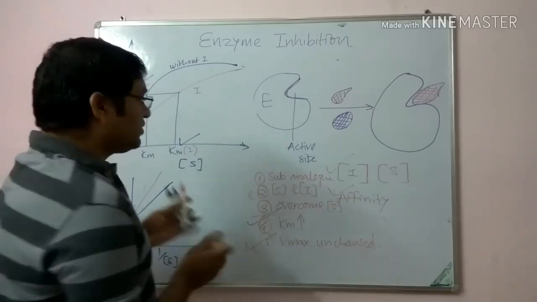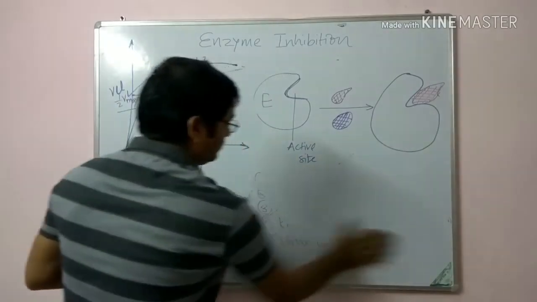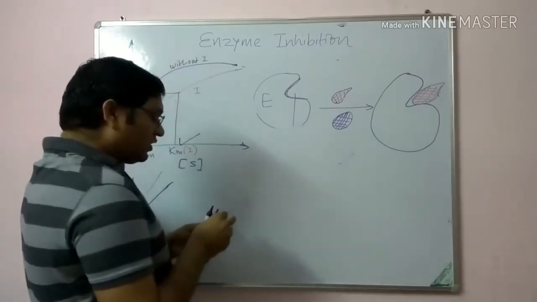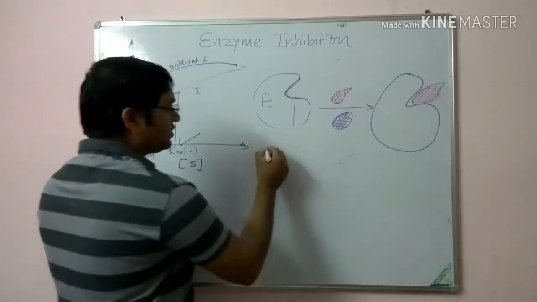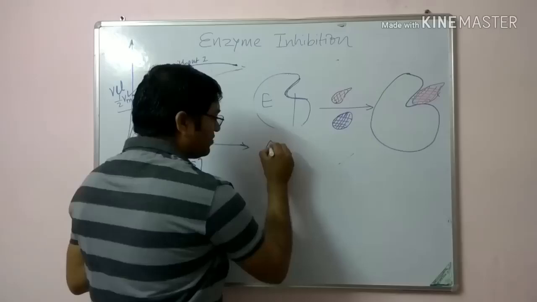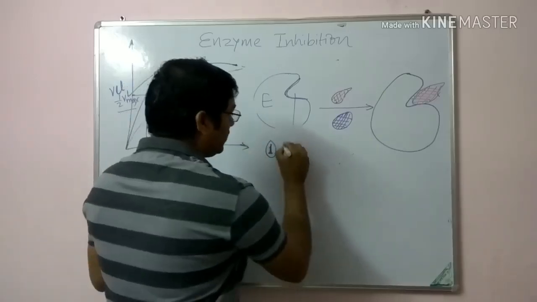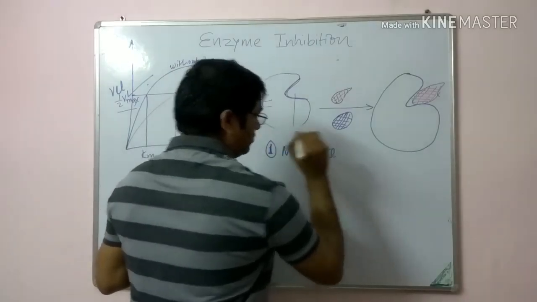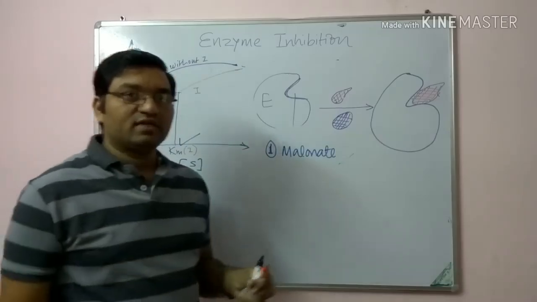Now coming to the examples of competitive inhibition. The important examples are, the first one, most commonly asked in MCQ, is malonate, oxalate.